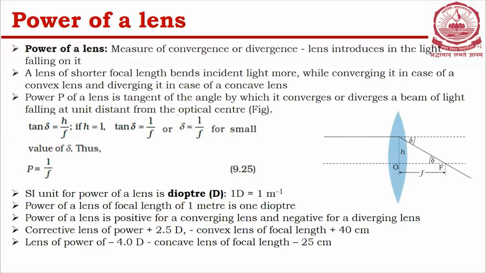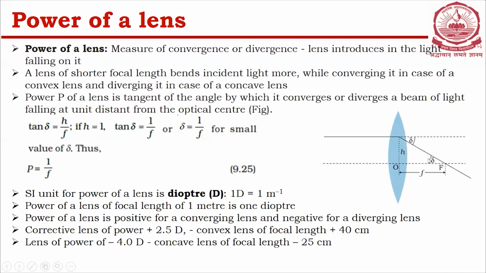The power P of the lens is the tangent of the angle by which it converges or diverges a beam of light falling at unit distance from the optical center. If that angle is delta, then tan delta is h by f, where f is the focal length.